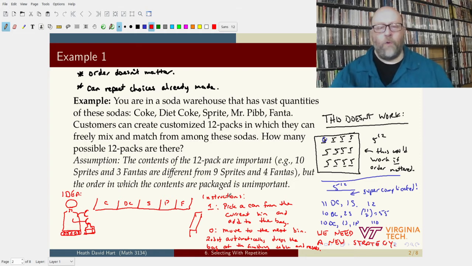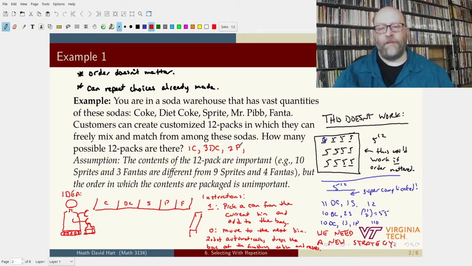So let's look at what might happen here. The robot is standing right now at the Coke bin. And let's say we want to create this particular arrangement. One Coke, 3 Diet Cokes, 2 Sprites, and let's see, that's 6 sodas so far.